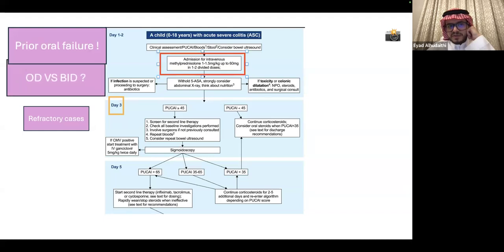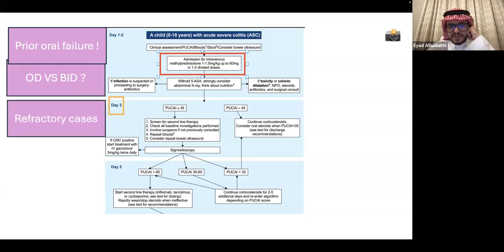What if there is a difference? What is the recommendation? Should we give an OD or BID dose? And for the refractory cases, what to do? Which corticosteroid should we use: IV methylprednisolone, hydrocortisone, dexamethasone?